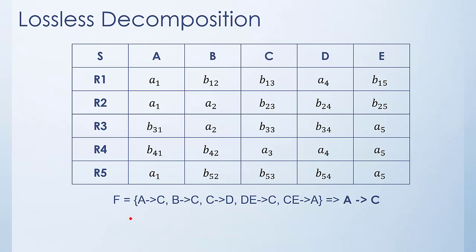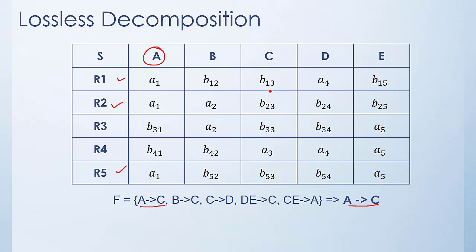Remember, we need to consider each and every functional dependency one by one. So here we have A determines C. First identify the rows for which the symbol of the A attribute is the same. You can see that R1, R2 and R5 are the rows where the symbol for the A attribute is the same, which is A1, A1 and A1.